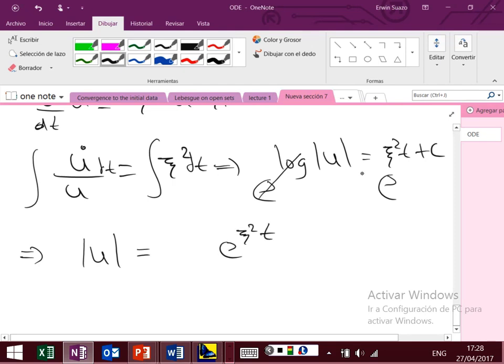But notice that this constant depends on theta, because I had that parameter flying around, so I'm going to put it like e to the c of theta, a constant, the way I call it over here.